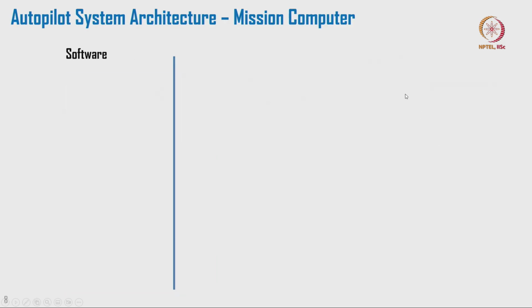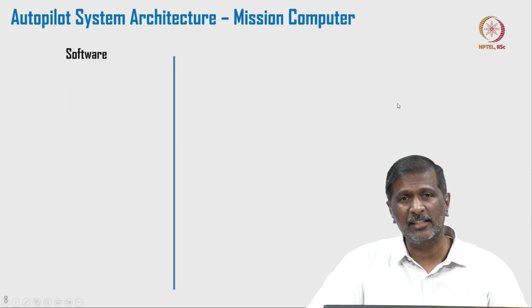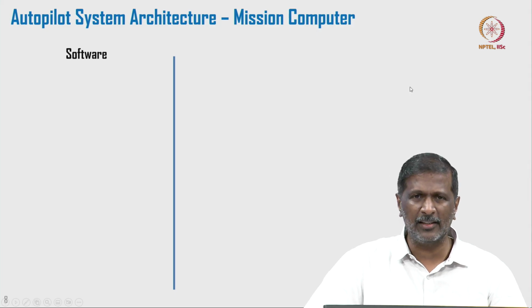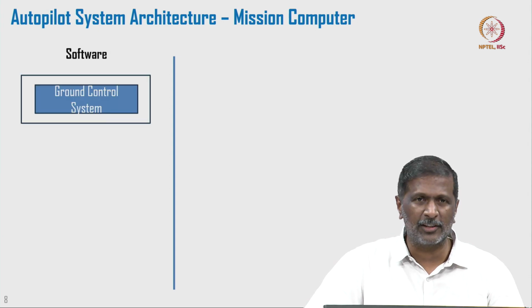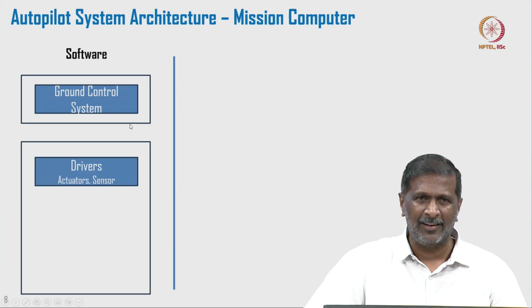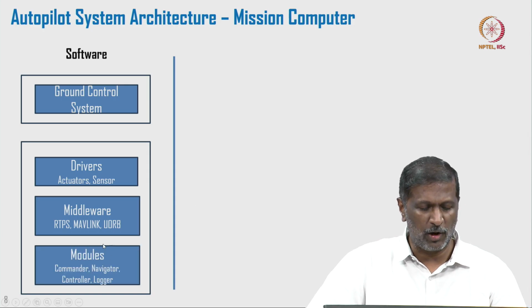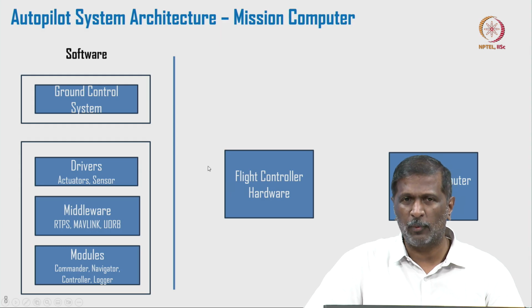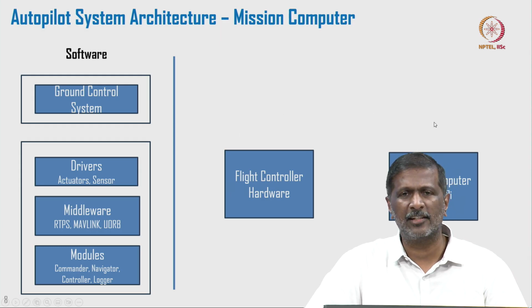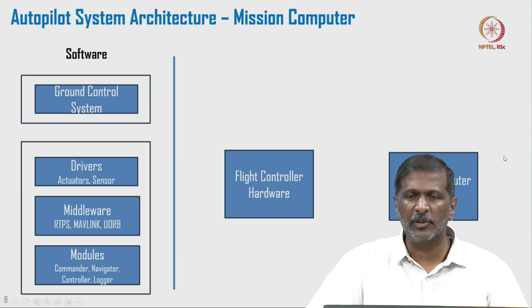Now let's understand a little bit more detail on how the mission computer is going to be. This one is for semi-autonomous mode, but once a mission comes into the picture, autonomy comes into the picture, how is the system architecture going to differ, right? My ground control system will not change. At the software level, drivers remain the same, middleware almost remains the same, modules will remain the same, the software side will not change, but in hardware you have one additional processor coming into the picture, what we call the mission computer.